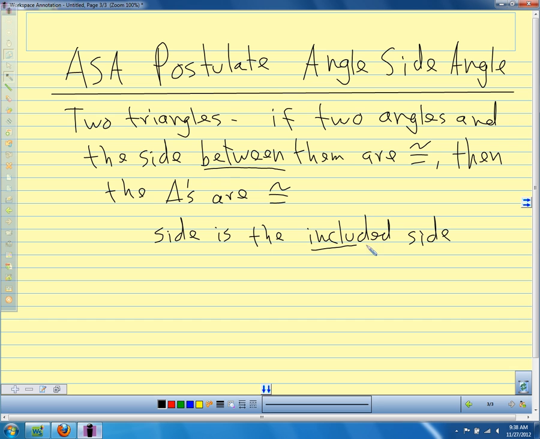So included, we're just using included like we normally use the word between. So our picture in our bubble there, for our triangles, to mark those, we have our two triangles.